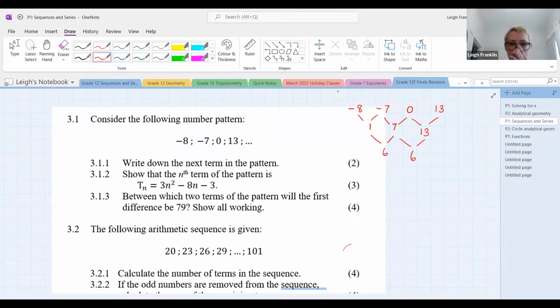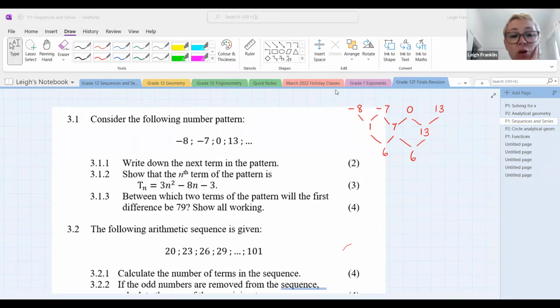So straight away, the minute we see that, what sort of pattern does this have to be? Absolutely, you're all correct.